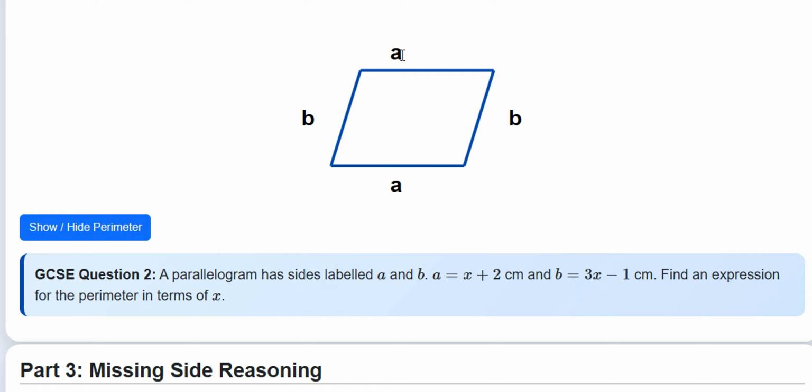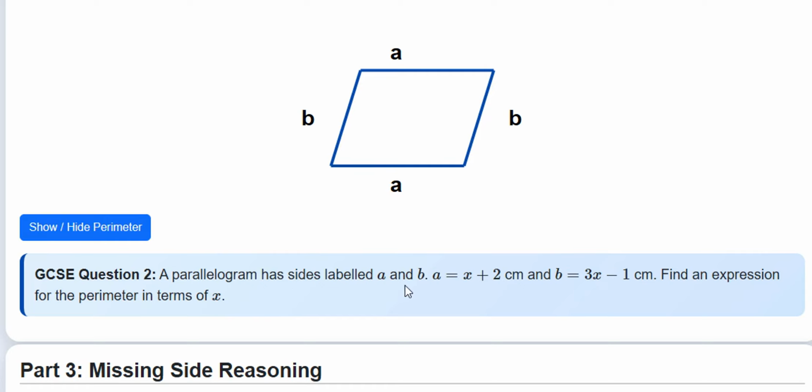From our previous example, we know the perimeter of a parallelogram is given by 2 into A plus 2 into B, because two pairs are equal in a parallelogram. So in this case, this side and this are equal, this one and this one are equal.